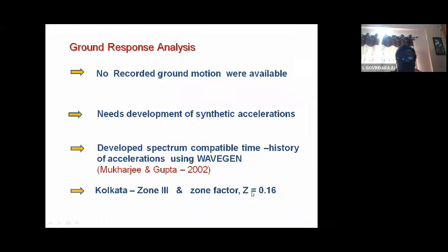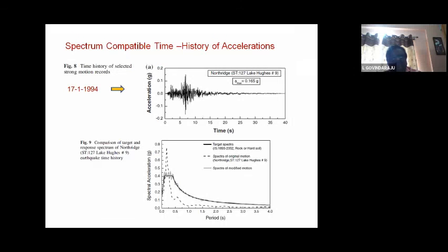and the zone factor in the IS code is 0.16 as per the global seismic hazard assessment map. So 0.16 g is around 1.6 meter per second square, the peak ground acceleration at the bedrock. Then we used that code or software to develop spectrum compatible time history of accelerations, and we need a similar earthquake from the record which will have a close acceleration.